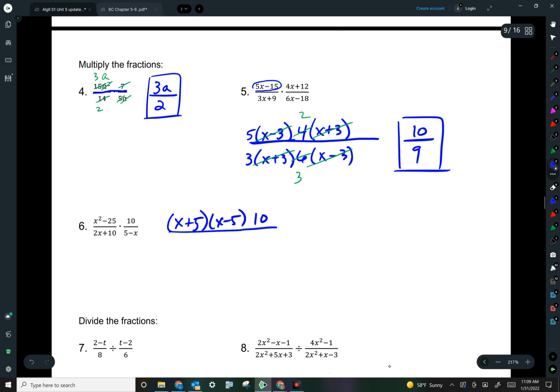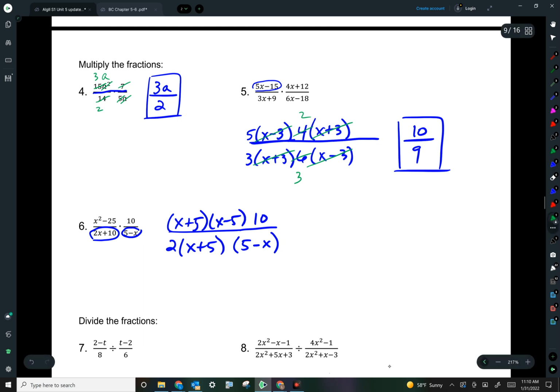Since it's being multiplied, it's okay to just put it up there on the top. On the bottom, for the 2x plus 10, I'm going to factor out a 2. So that's going to leave me with an x plus 5. And that's being multiplied by 5 minus x. So when I bring it over, I'm going to bring it in one big parenthesis, because that 5 minus x, this entire thing, is being multiplied by this entire thing.